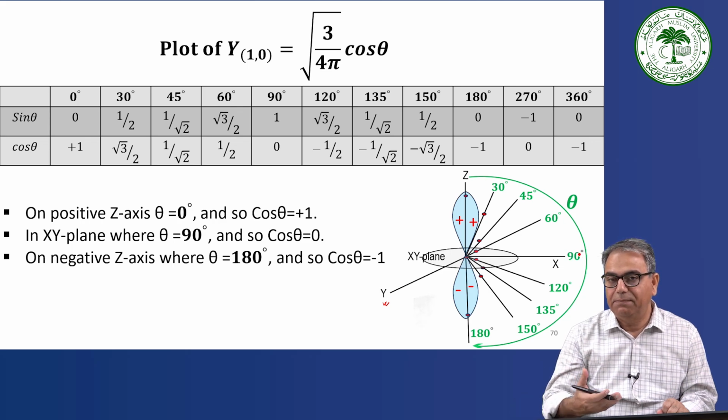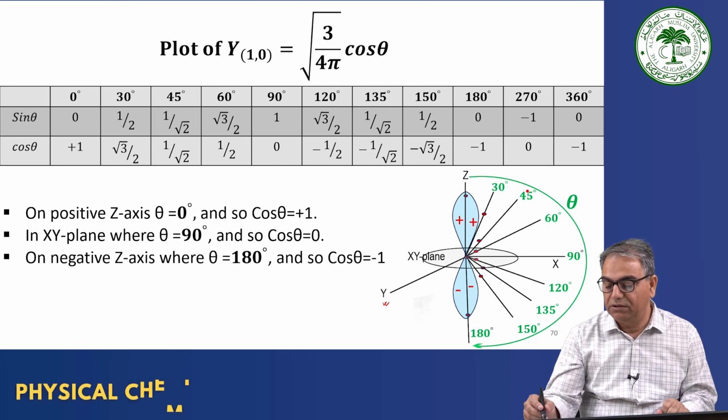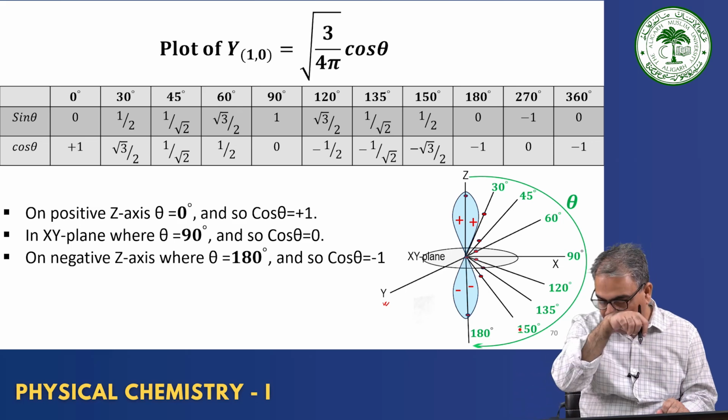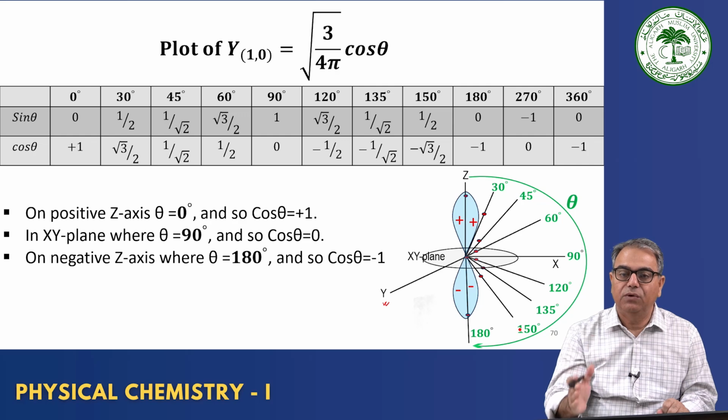Normally in the book, the YZ plane is the plane of the page. Here, to make it easier for you to understand, I have made the XZ plane the plane of the board, so that you have all the theta angles varying from 30, 45, 60, 90, 120, 135, 150, 180 in the plane itself. Otherwise, it would have been in the perpendicular plane.